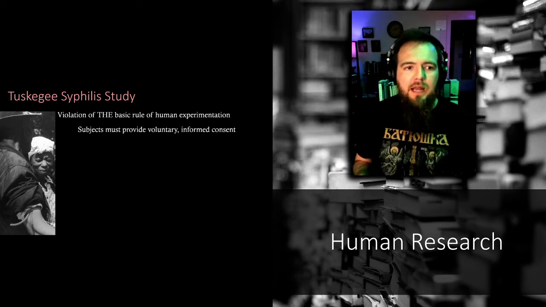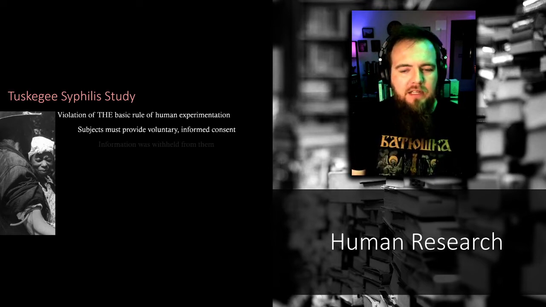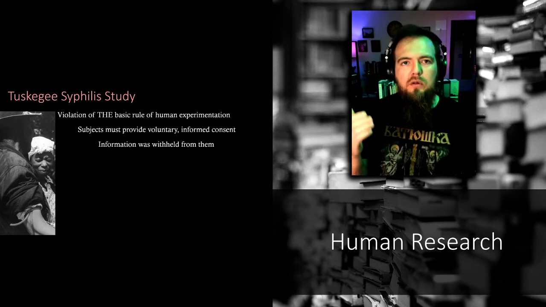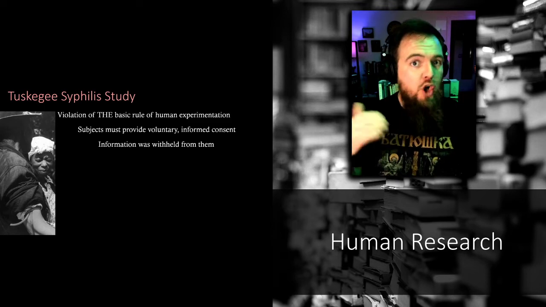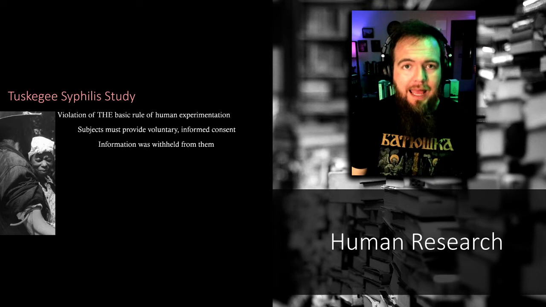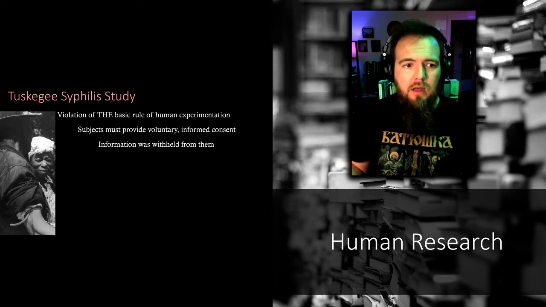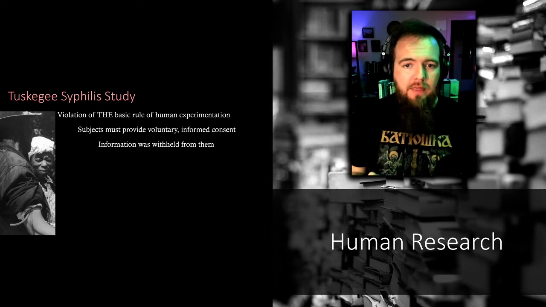No participant entered voluntarily because they basically had to be deceived to take part in the experiment, right? They were told that they were being treated, but they weren't actually. And they were prevented from seeking treatment elsewhere. So there's nothing voluntary about this. They were basically lied to and exploited.